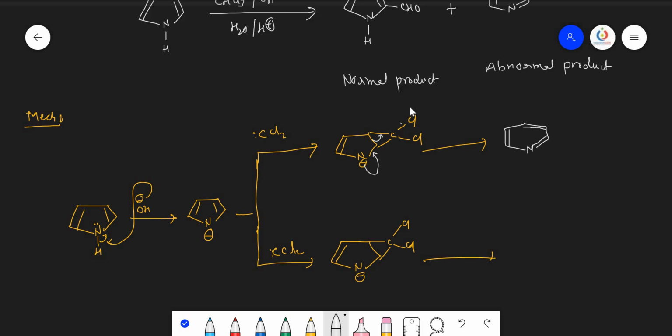One chlorine will be removed because carbon valency crosses 4, no? So that's Cl minus. So 1, 2, 3, the third position chlorine comes. And how is this normal product coming? When electrons shift this side, this particular bond will break.